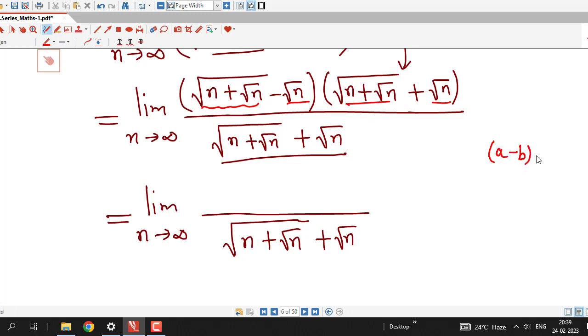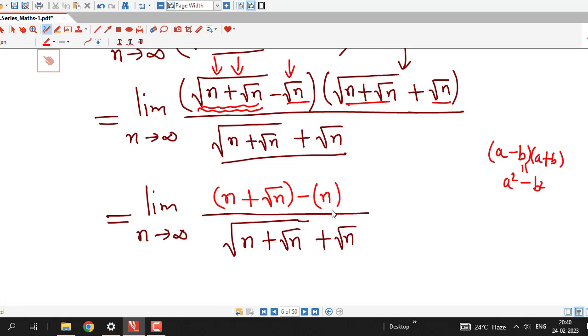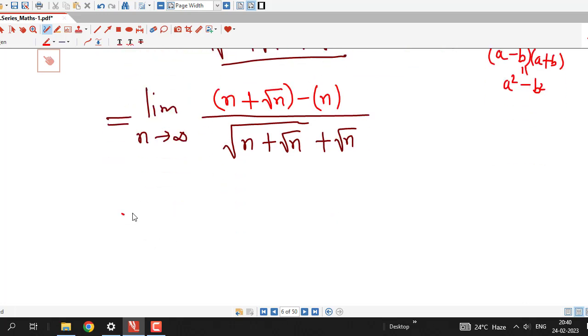That is, we can apply this formula: a minus b into a plus b is equal to a square minus b square, with a equal to square root of n plus square root of n and b equal to square root of n. So I have to square this quantity and it is in square root. If I take the square of this quantity, I will obtain n plus square root of n, and minus the square of this quantity, that is square root of n, that is n.